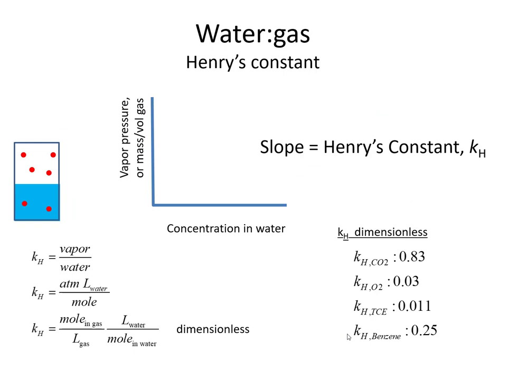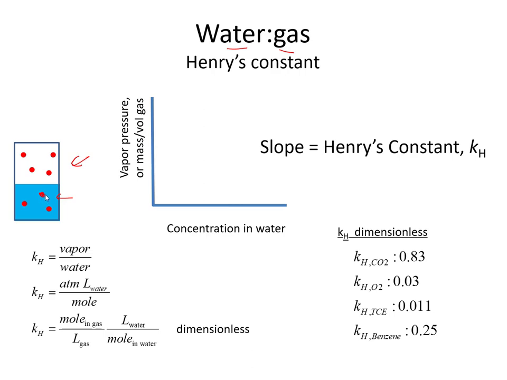Okay, so now let's switch our attention to the partitioning between water and gas. And I've got another experiment here where we've got a vial filled partially with water, and we dissolve some compound in the water, and we put that water into the vial, and then we let it equilibrate.